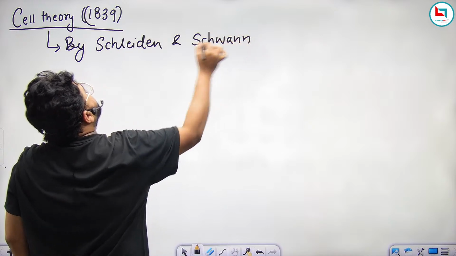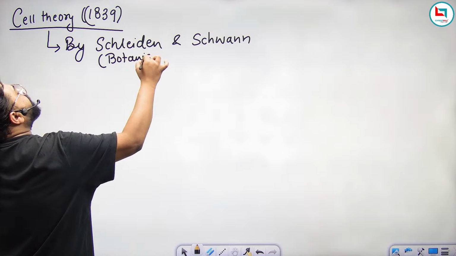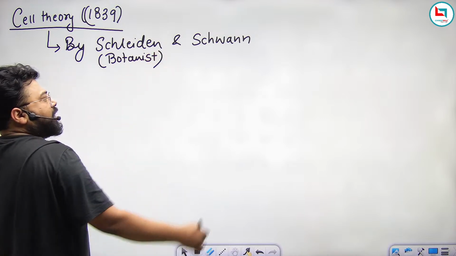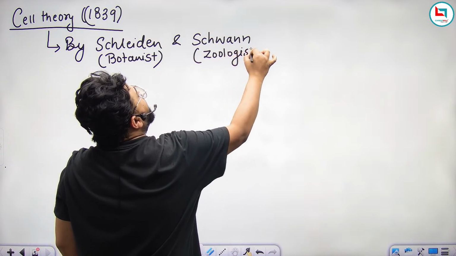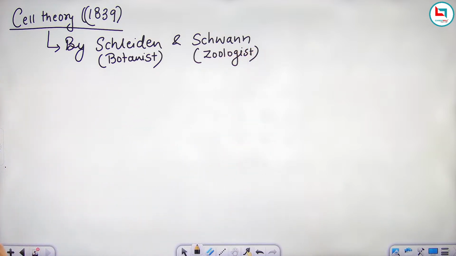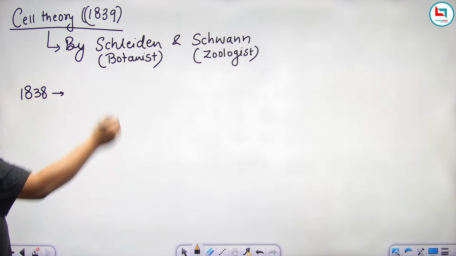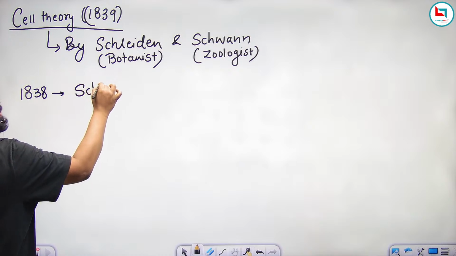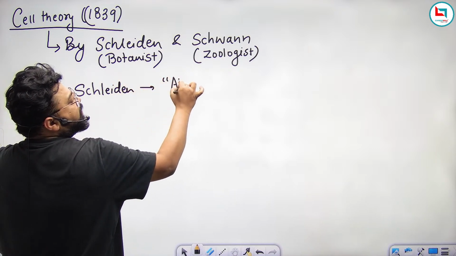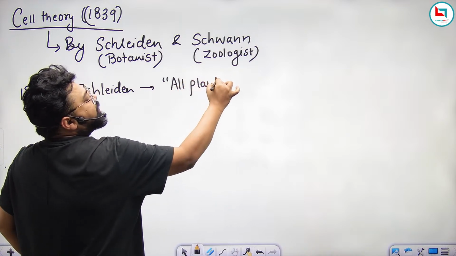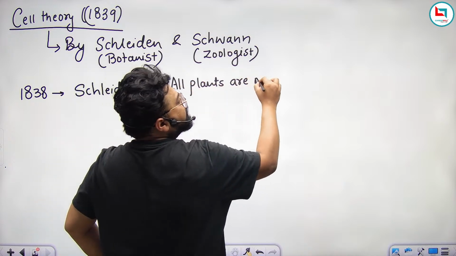Schleiden was a botanist, meaning he studied plants. Schwann was a zoologist, meaning he studied animals. So what happened in the year 1838? Schleiden proposed a statement that all plants are made up of cells. As plants are living things, they are made up of cells.